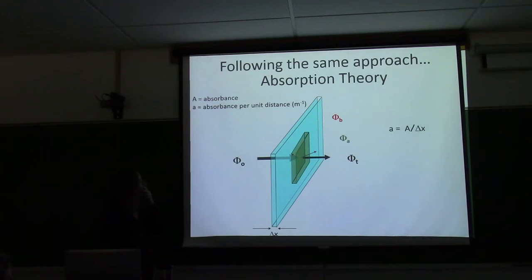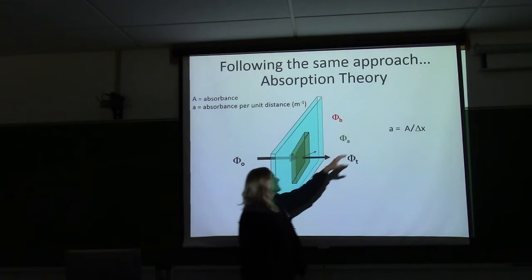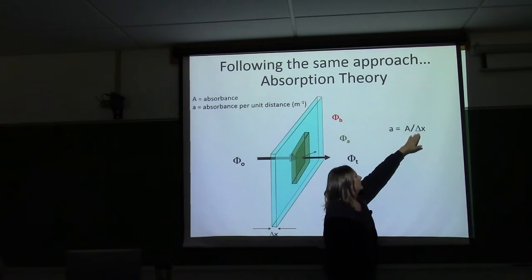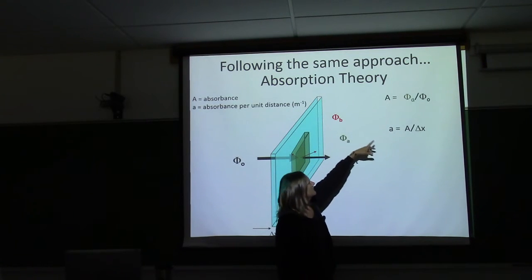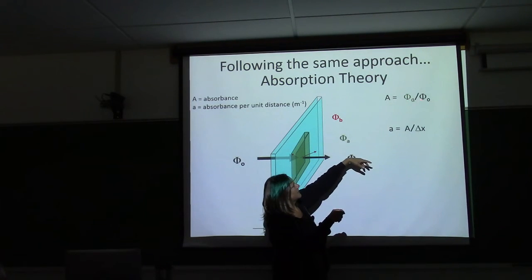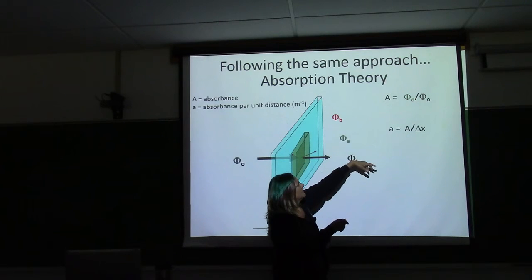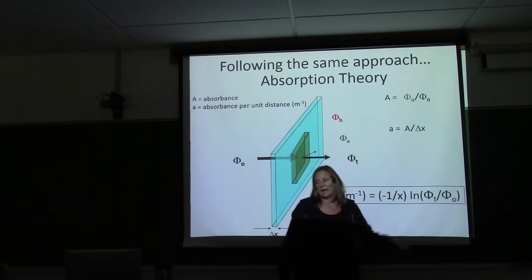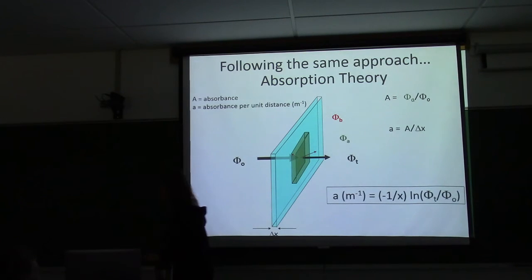Okay, lab 2. So we can go through the same argument and derive this for absorption. We derive absorption from absorbance per path. We integrate, oh, I'm sorry, that was just phi over, since we don't have any scattering, we're just looking at the loss due to absorbance. And we get the same exact equation for absorption.